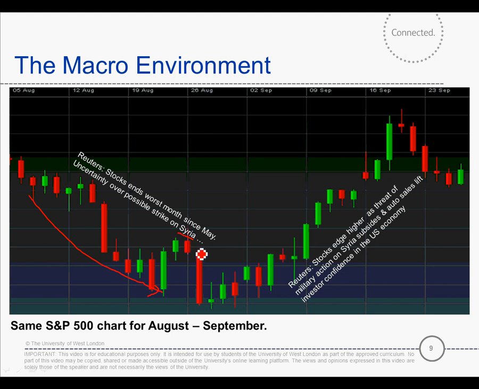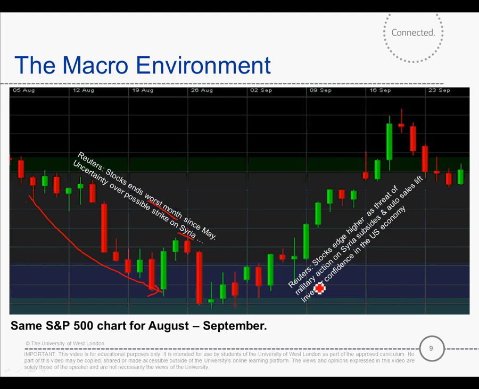Remember, there was a moment where the U.S. was trying to get consensus, build up an alliance to go for military intervention in Syria. That made the markets really nervous, and it went in for a very long dip. And Reuters actually reported it as the worst month since May, largely driven by the uncertainty over possible strikes in Syria. So that's a macro environment issue that's affecting your market price.